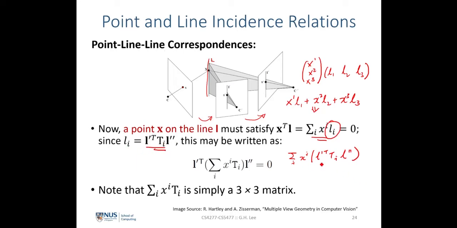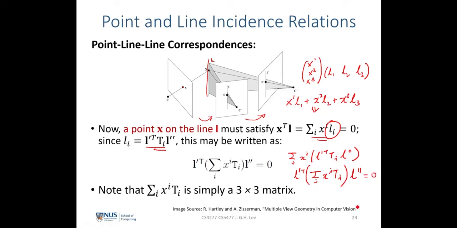We notice that L prime and L prime prime are independent of the index, so we can factorize them out and rewrite the summation over i as the summation of xi multiplied by Ti, put the bracket outside, and then pre-multiply by L prime and post-multiply by L prime prime. Since the dot product has to be equal to 0, this equation also has to be equal to 0.